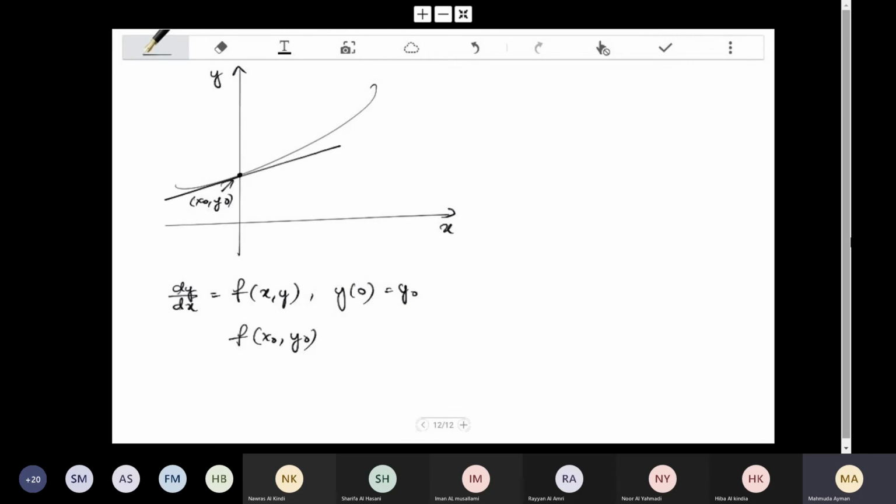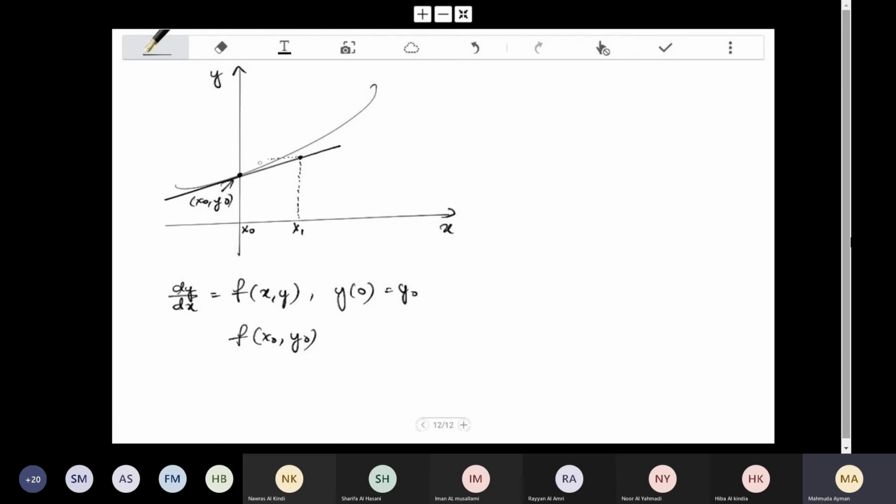Okay, so now let's say this is x0, and this value here is x1, and we have approximated the y value here.